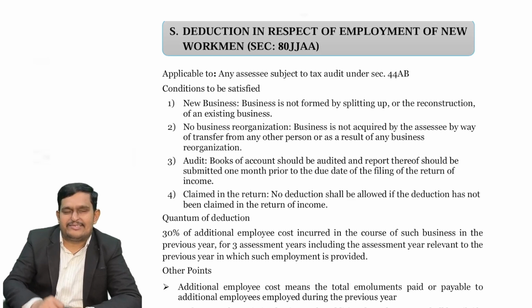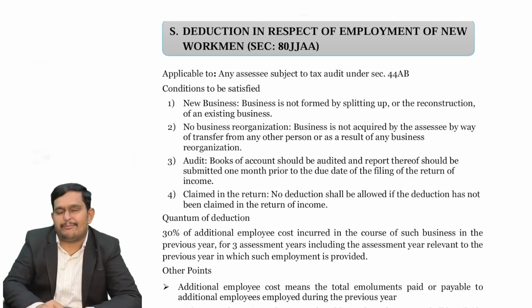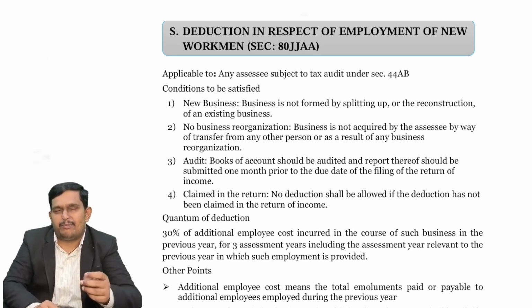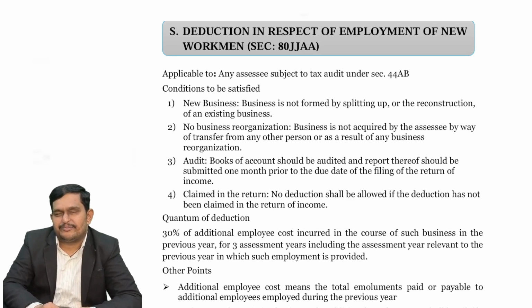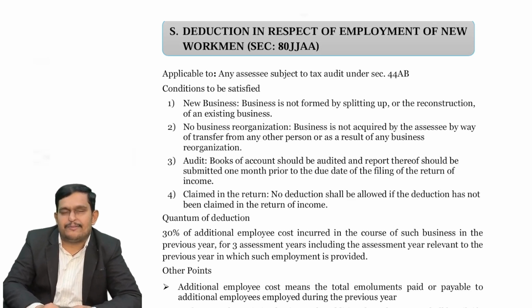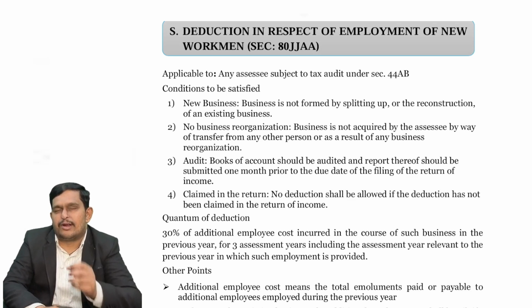Of course, if tax audit under 44AB is applicable, then obviously under point number 3, audit by a chartered accountant will be conducted, correct, of the books of accounts. Then when the audit is conducted, you should submit the report of how many additional employees are employed in the current previous year.